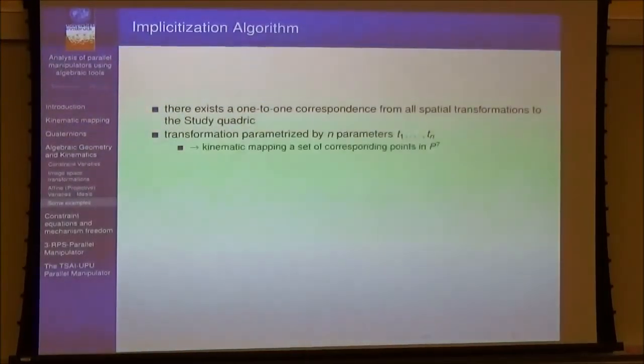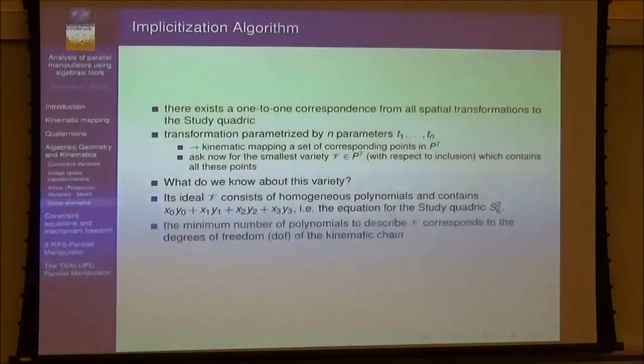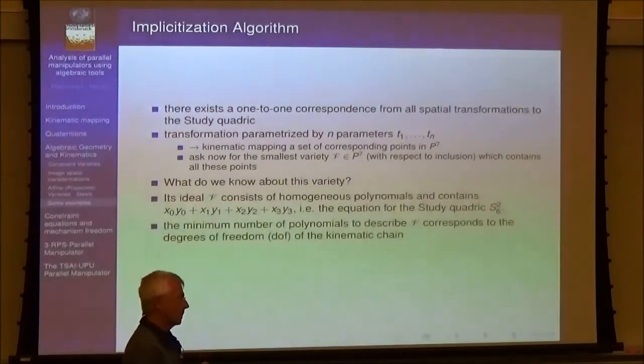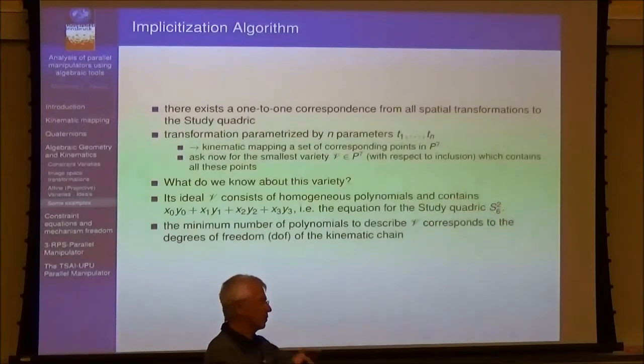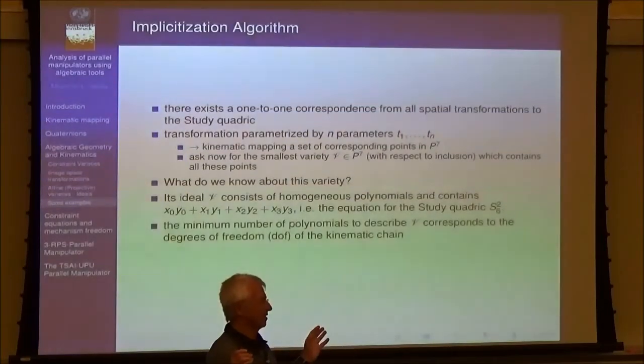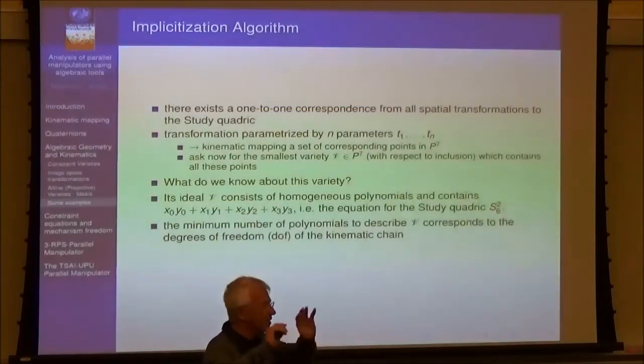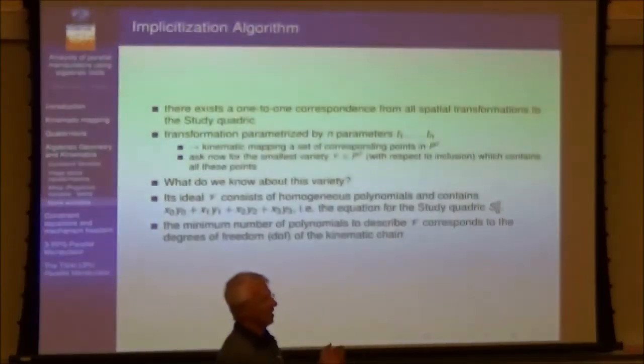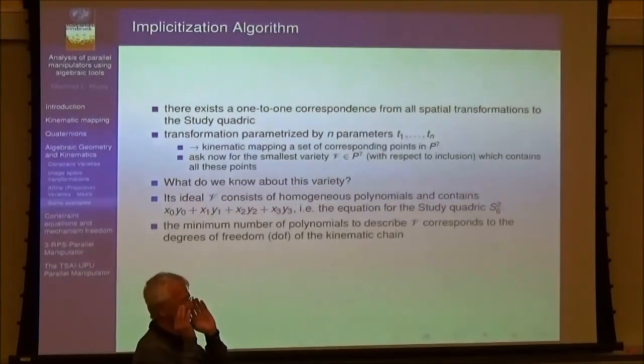Okay. I will go fast about this. First of all, we know the constraint equations are algebraic varieties. So it means some degree must exist. There must be an algebraic variety. And the basic idea of this algorithm is only the following.